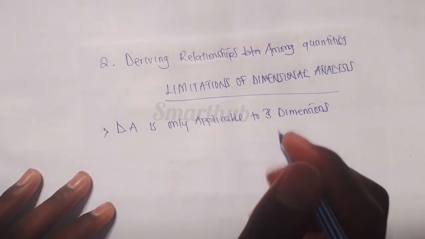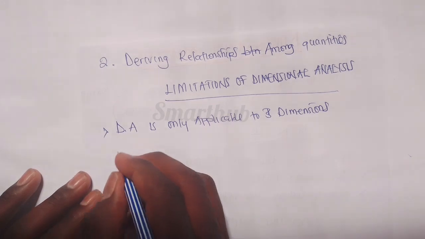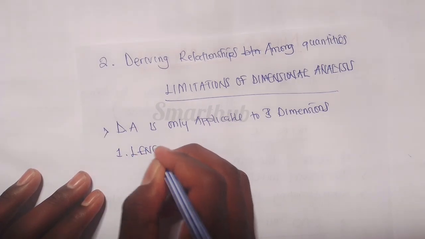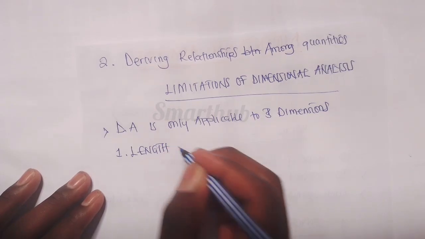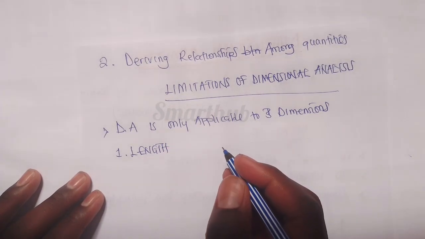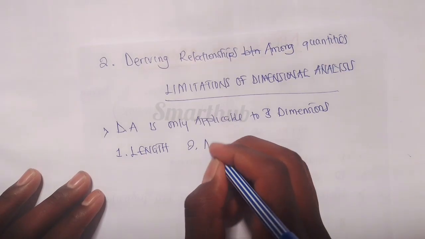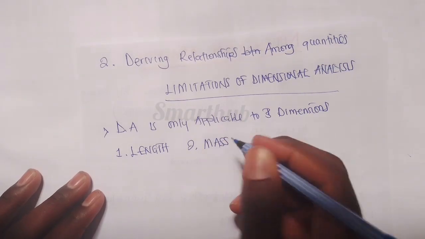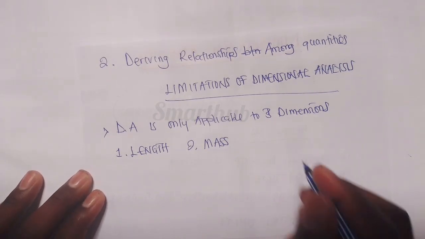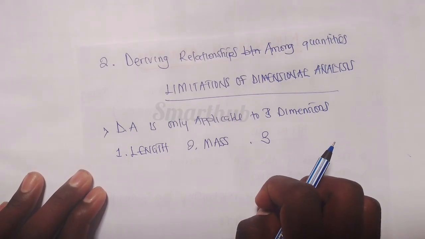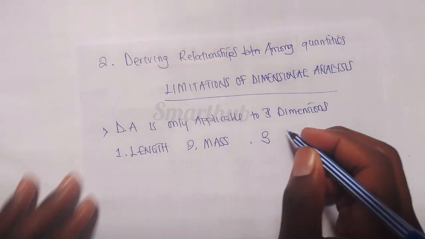So we have one, length. 2, we have mass. 3, we have time.